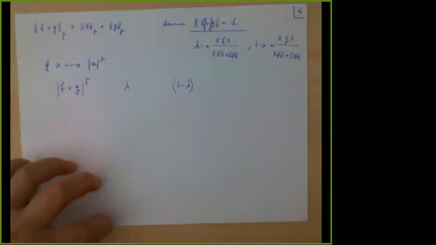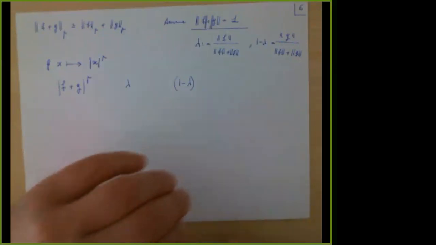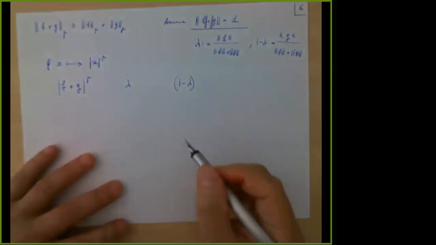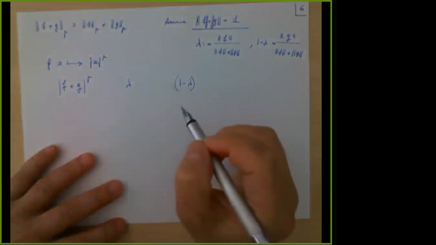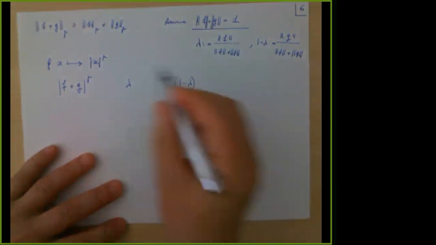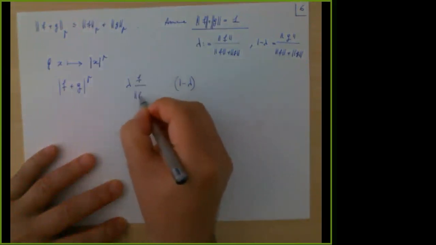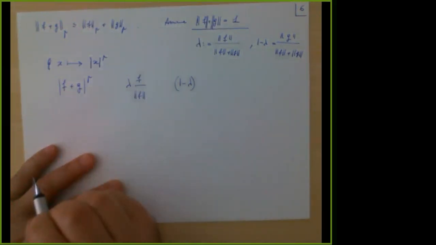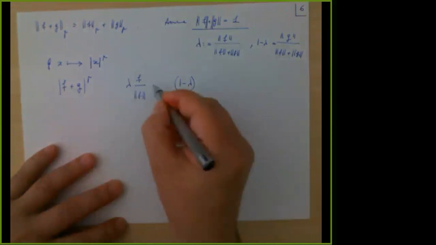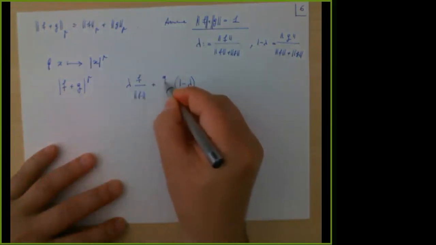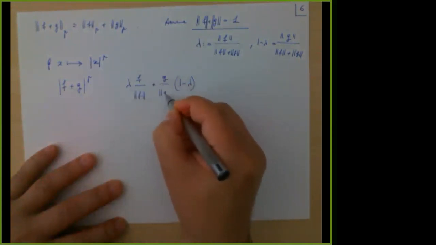An idea is the following: to take f, then we normalize by f, and then we write plus g, and we normalize by g.